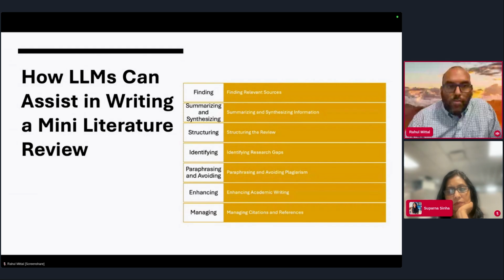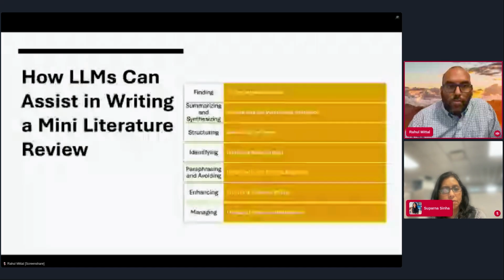This gave us a unique opportunity to help scaffold out a mini literature review with them and also help them identify the research question and showcase some of the gaps. It also helped them enhance their academic writing and gave them confidence in managing their citation and referencing.